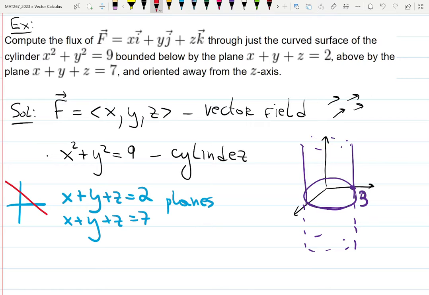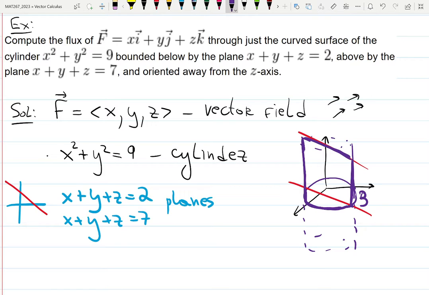It's a tilted plane. I actually checked it with GeoGebra or any 3D tool you can have, and I'll show you at the end if you want. It's cutting like this at level 2 and level 7, like so. So now we have this beautiful shape over here, right?